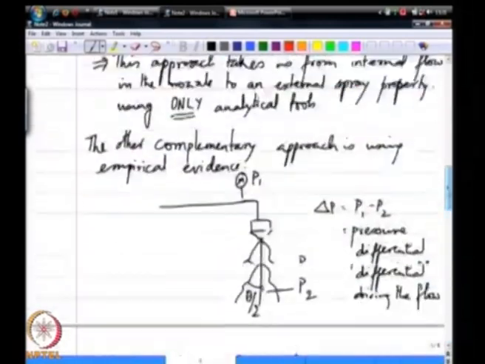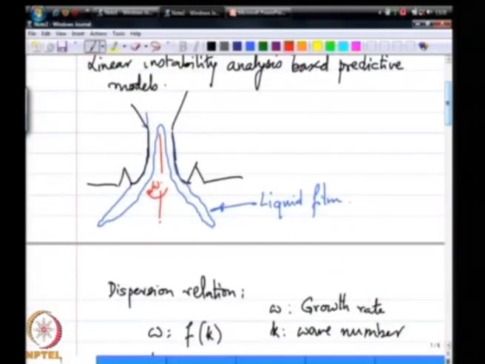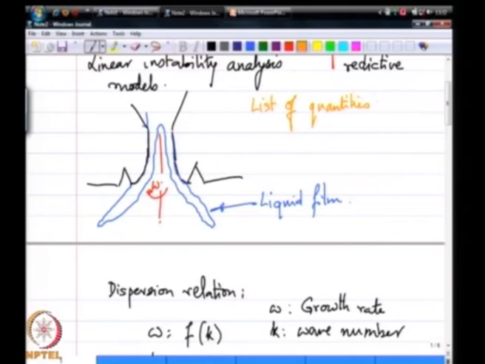If I go back to my simple model of a liquid film exiting the simplex nozzle, I want to make a list of all the quantities that are my design variables. So, in this simple problem, let us say a list of dimensional quantities that are important.